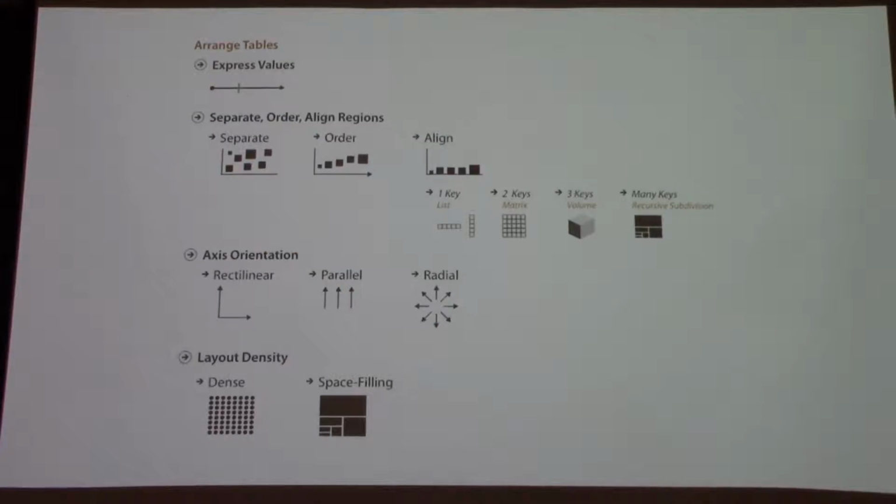And for tables, there's this interesting classification of how you lay it out, and how to choose your spatial position is really important. So we have these 4 different categories. We have to express a value directly, to separate, order, and align regions by keys, then by the choice of your axis orientation, and that's where we come into parallel coordinates and so on. Here is parallel coordinates, and here we have the heat maps and so on. And then we have these dense layouts, which you probably haven't heard about yet.